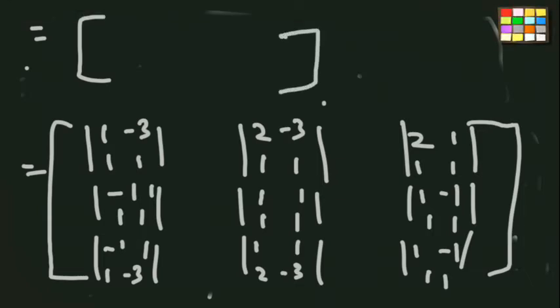This is 1 plus 3, which is 4, and the second element is 2 plus 3, which is 5, then 2 minus 1, which is 1, next is minus 1 minus 1, which is minus 2, then 1 minus 1, which is 0, then 1 plus 1, which is 2, then 3 minus 1, which is 2, minus 3 minus 2, which is minus 5, and 1 plus 1, which is 2.